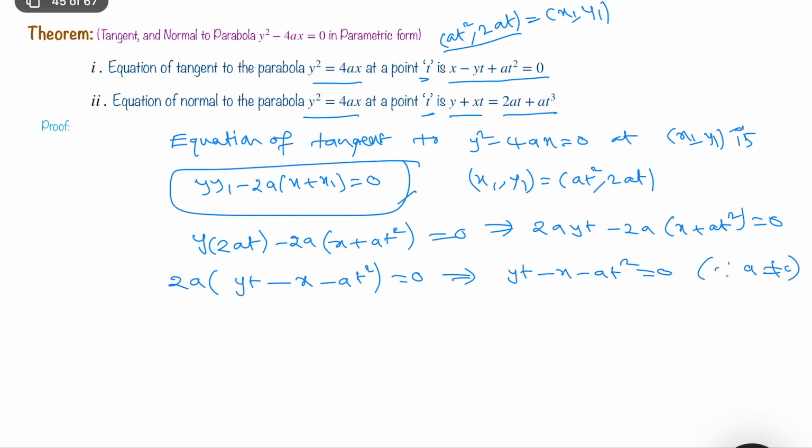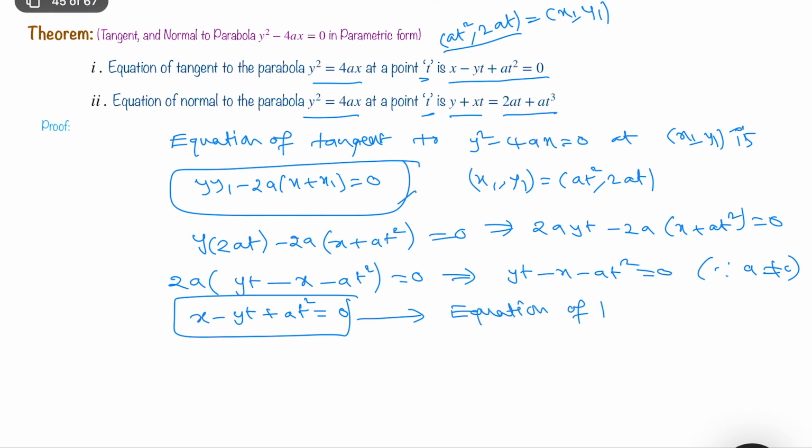Now the same equation we can also write like this: x minus yt plus at square equal to 0. Simply we are taking minus common. So this is the equation of tangent to y square minus 4ax equal 0 at point t.